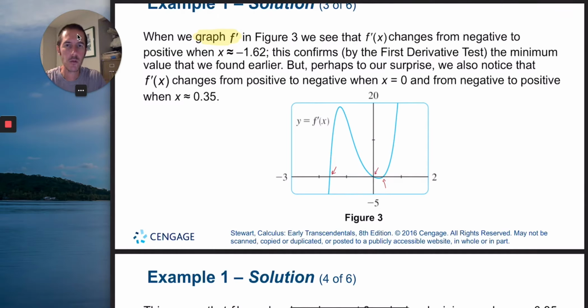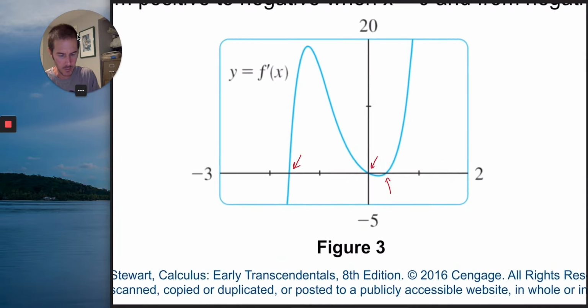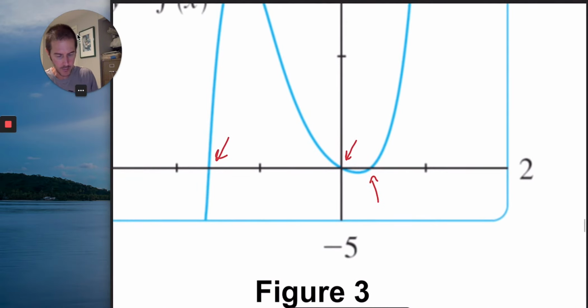So what does the author say about this? This confirms by the first derivative test we've got a minimum value that we found earlier, but perhaps to our surprise, f prime changes from positive to negative when x equals 0, and from negative to positive when x equals approximately 0.35. He's getting those values again by zooming in and using his cursor and tracing his way along the blue curve.